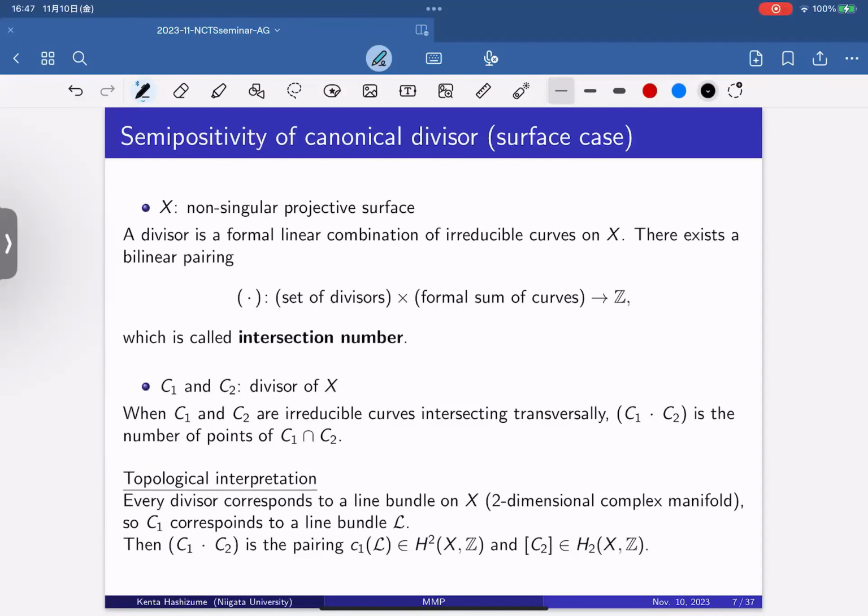From now on, I will explain the minimal model theory for smooth surfaces. Smooth surface case. Let X be a non-singular projective surface.